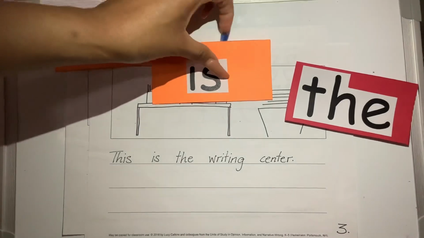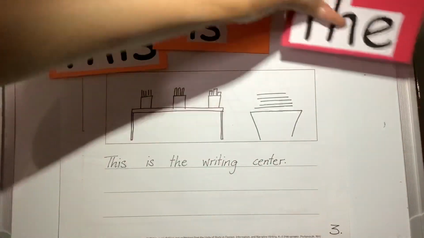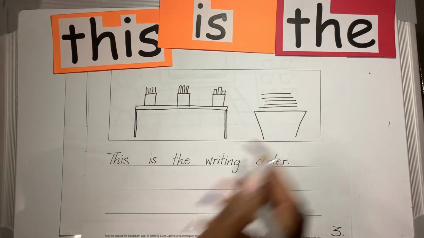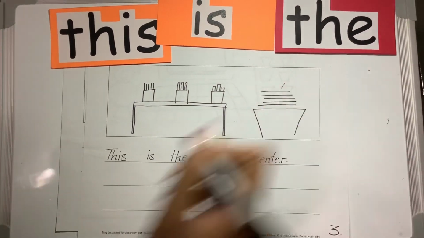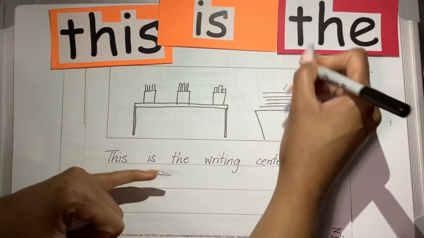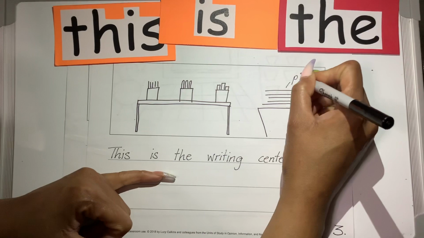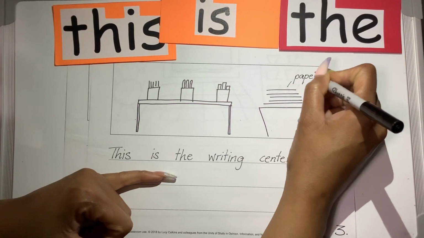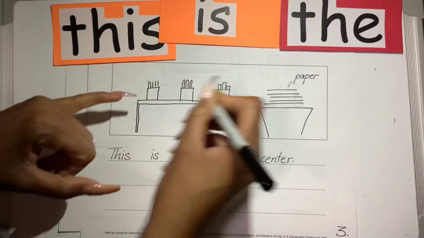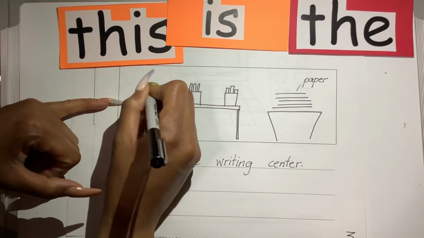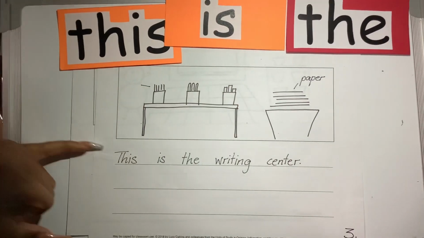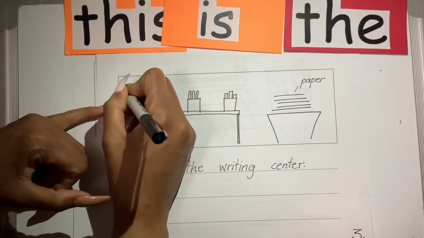And I am going to label my pictures so my readers know what this is. This right here is paper. So I'm going to put paper. These are my pens.